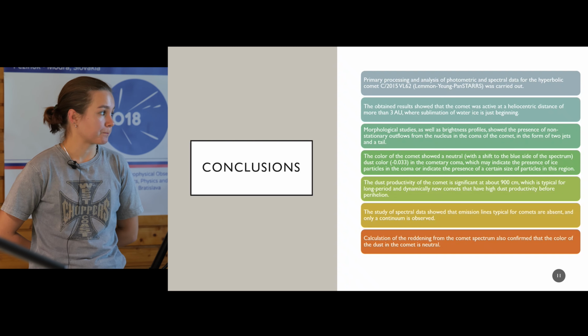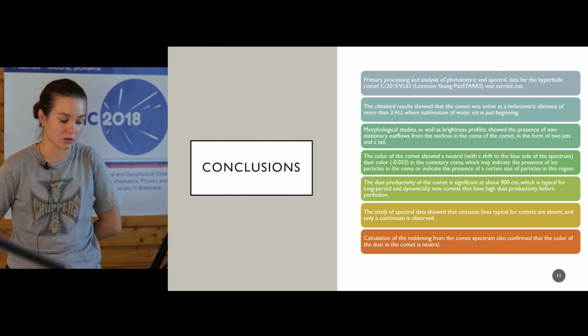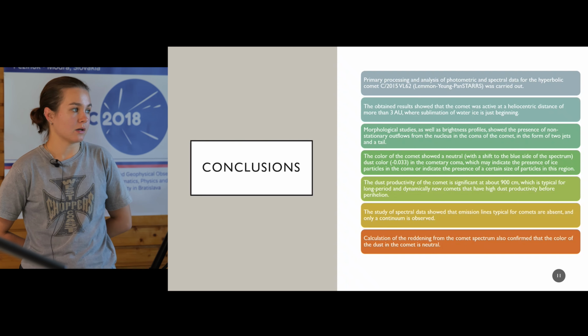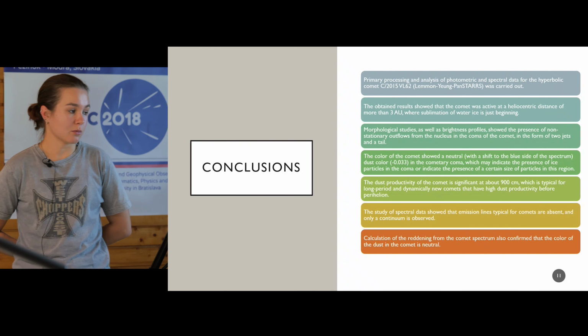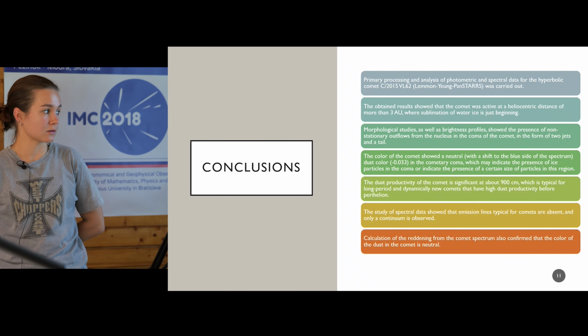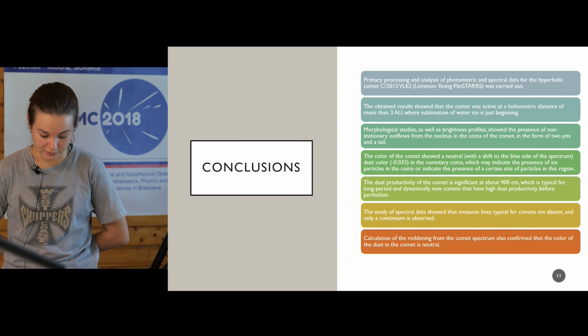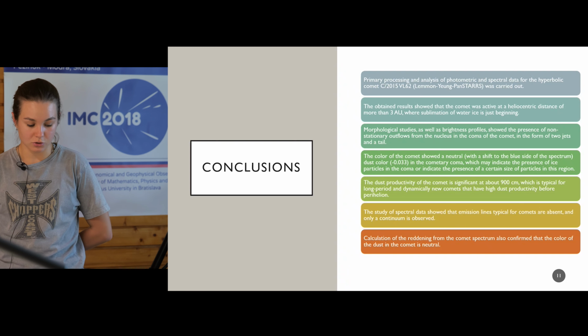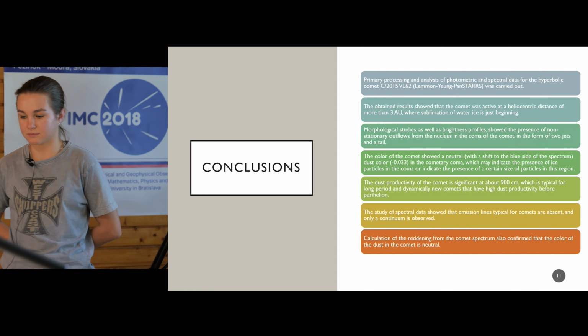The spectrum of the comet, as usual, does not show any gas emissions. And morphology showed us that the comet has a tail and two jets directed towards the Sun. And that's all.